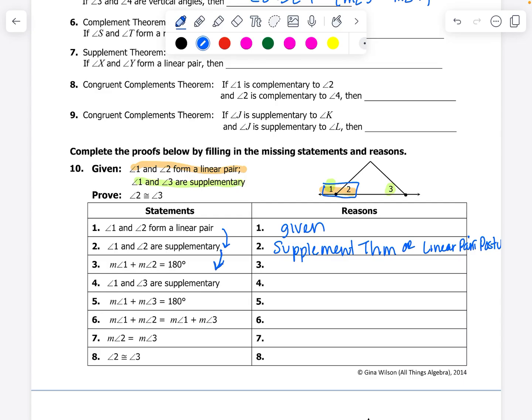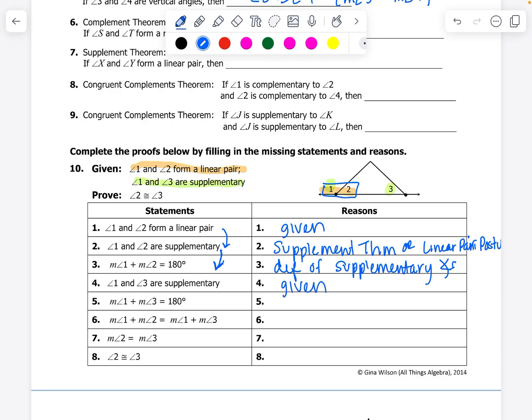Okay, so definition of supplementary angles. And I like to do this little angle symbol. Okay, so that helped us with the first part. We were given that and we ran with it. Now we were also given that 1 and 3 are supplementary.